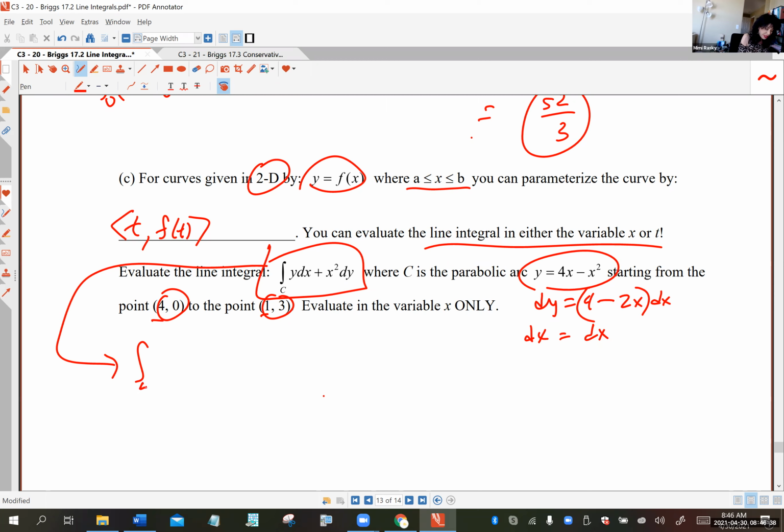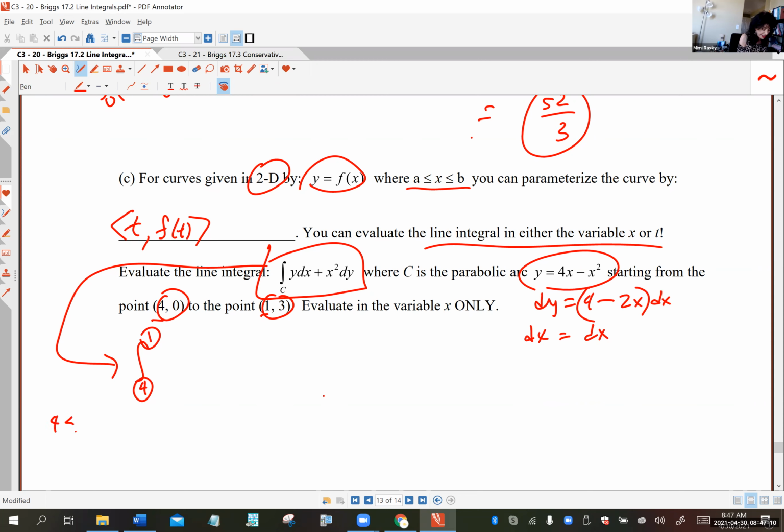Here, since x begins at 4 and the ending point has the x coordinate as 1, you notice how this is weird limits of integration where your lower limit is a number larger than your upper limit. Some professors won't allow you to do that. I'm going to let you do it if you're doing a type 2 or type 3 line integral. Type 1s, no. Remember I told you type 1, you have to be careful. Your time has to be moving forward. You're essentially letting your time move backwards here.